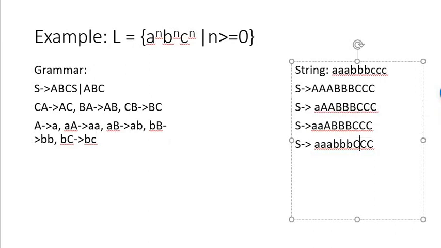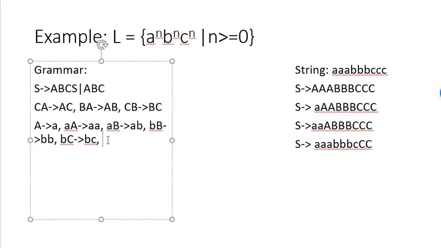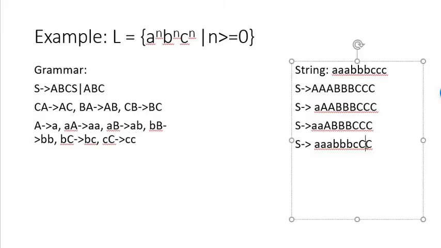So this will be replaced by bc. Now small c capital C should be replaced by small c, so small c capital C should be replaced by cc. And last, again small c capital C should be replaced by small c.